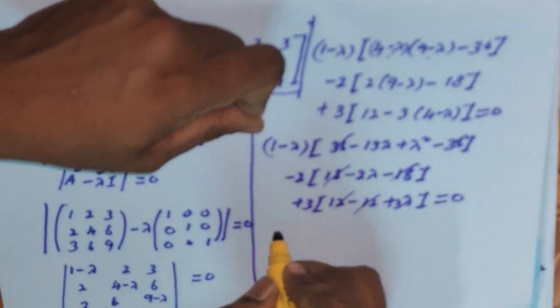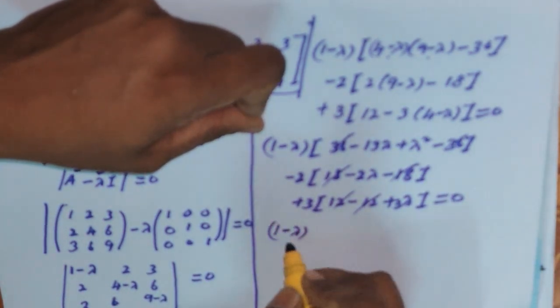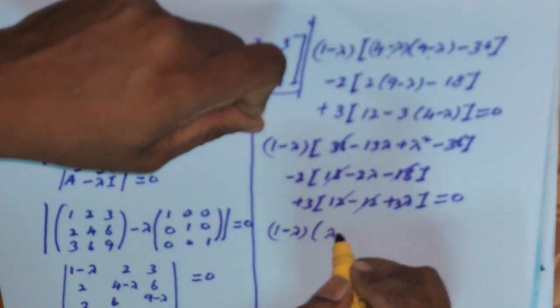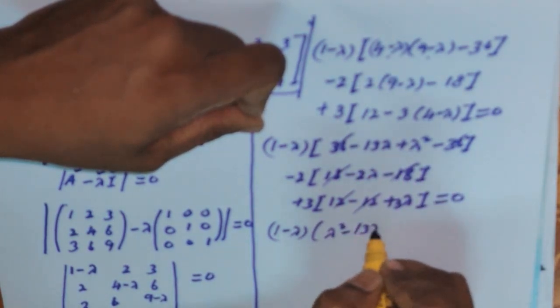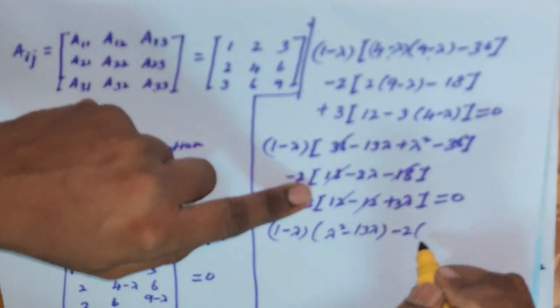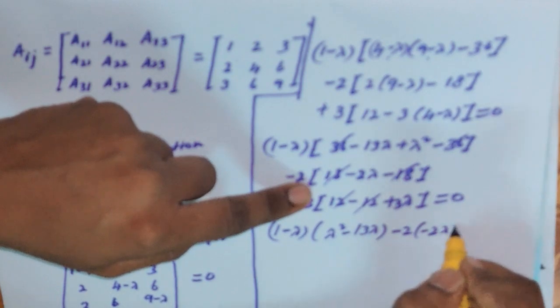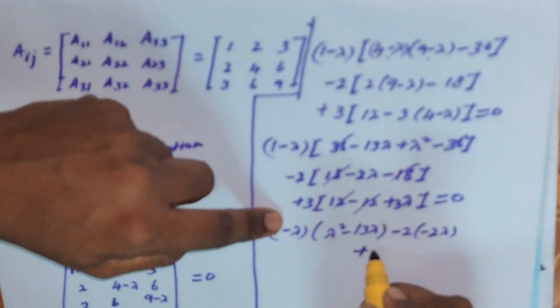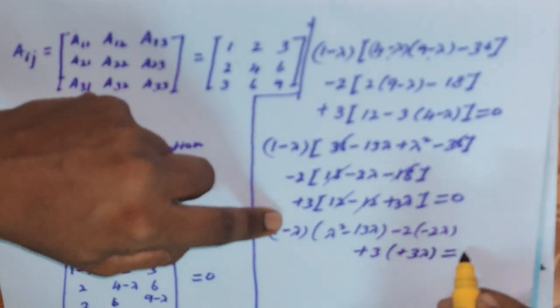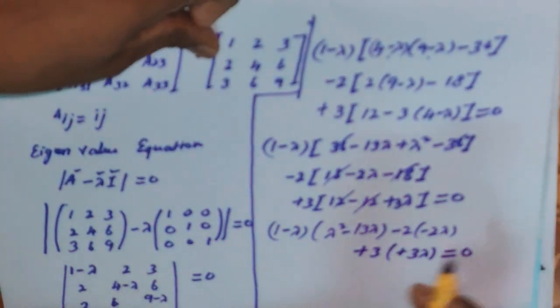So we get 1 minus lambda times lambda square minus 13 lambda, minus 2 times minus 2 lambda, plus 3 times 3 lambda, equal to 0.